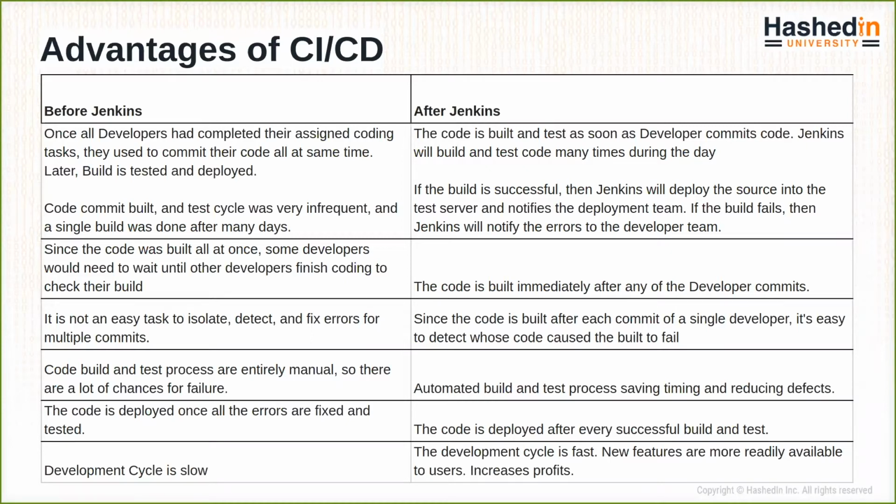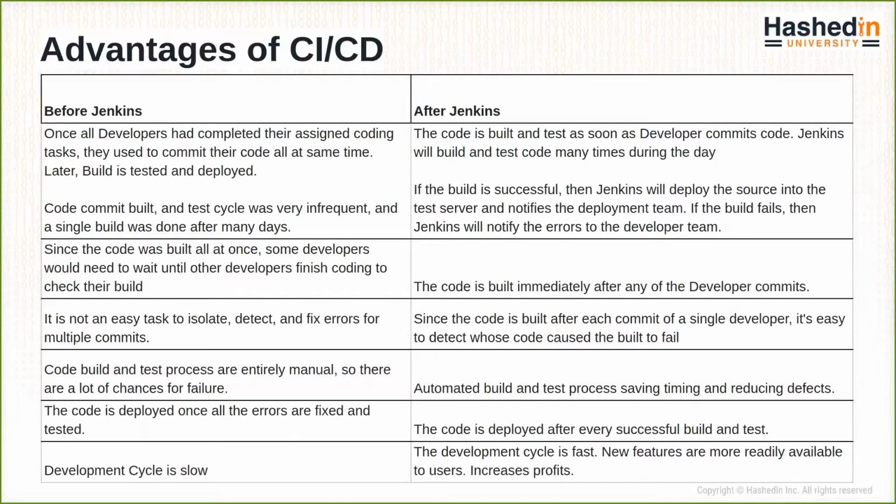He would commit the code, then take the code and build it on his local machine, and give the artifacts to the testing people. Only then would he deploy the artifacts to the server and see the application up and running.